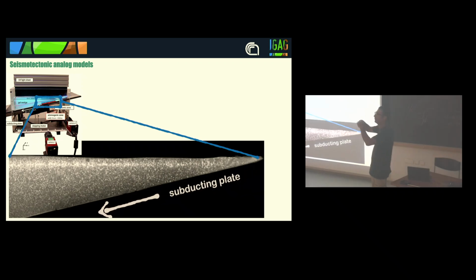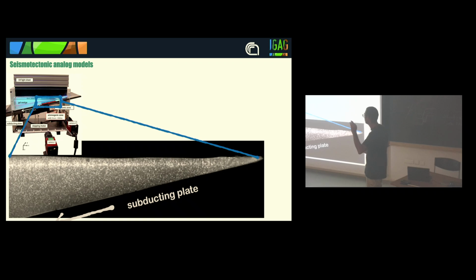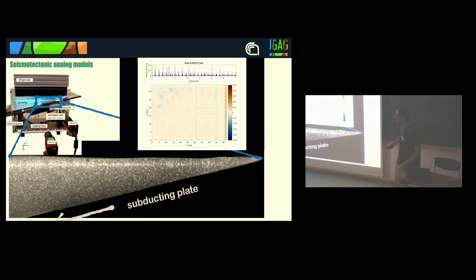We have the subducting plate that is going down, and there are glowing particles that are passive markers, 50 micron in diameter, that glow when an ultraviolet light is shed on a cross section far away from the boundary of the experiment. And this is what we see during one experiment by looking at it from top view with a similar acquisition.